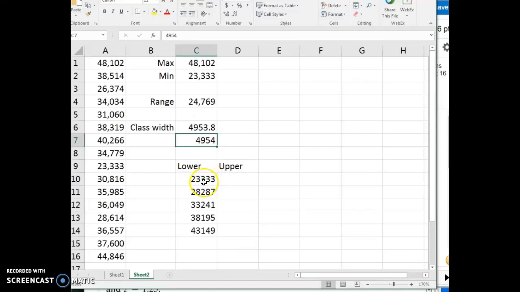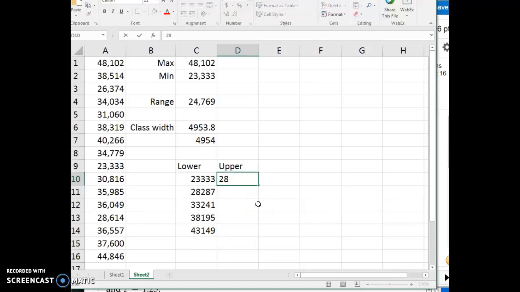So starting with my smallest value, that's going to be the lower limit of my first class, and then I just add our class width to that value to get the next lower class limit. And you can take that and drag it down, and Excel will keep adding that class width to each successive lower class limit.